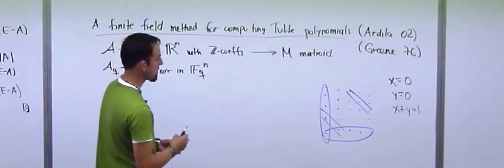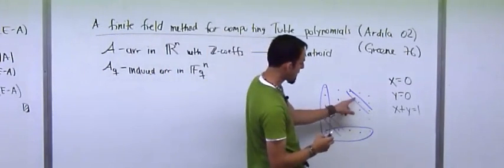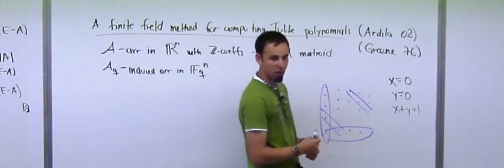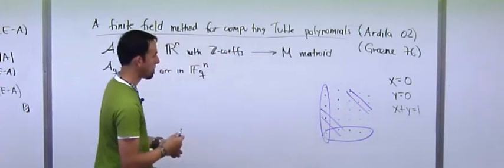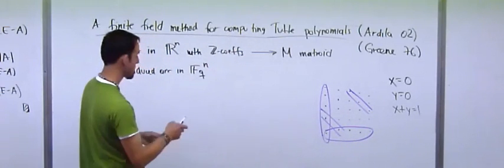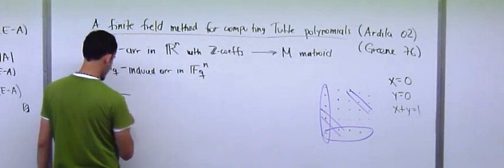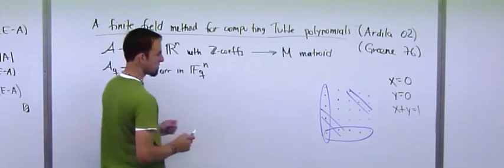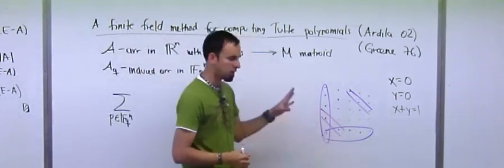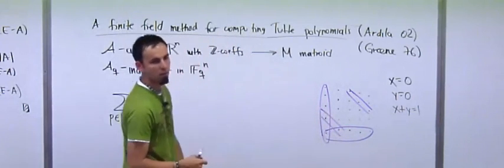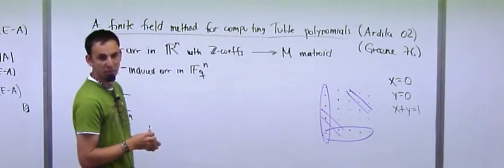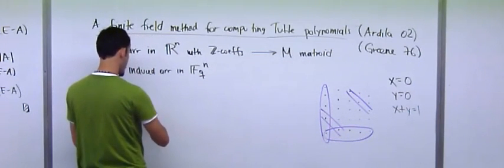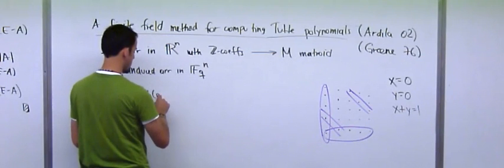Here we're going to do something very similar, but instead of throwing out the points that are on the hyperplanes, you're going to keep them and you're going to keep track of how many hyperplanes they're on. So you're not going to restrict your attention to the ones that are not on any hyperplanes. You're going to look at every one of the points, and for each point you're going to count how many hyperplanes it's on. And you're going to say t to the number of hyperplanes is what I want.